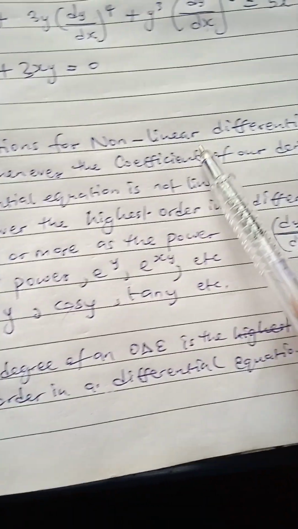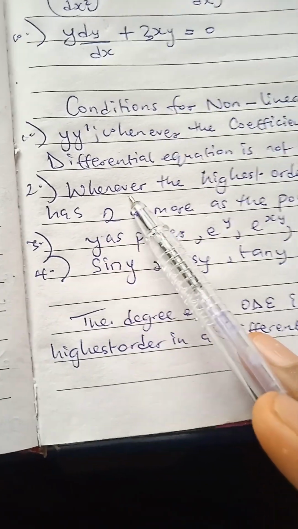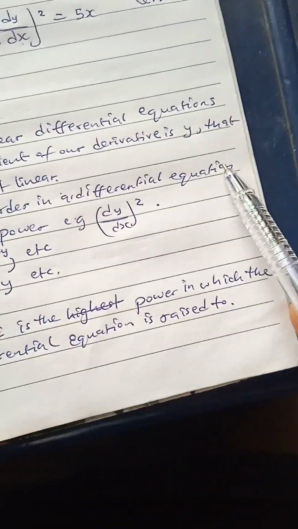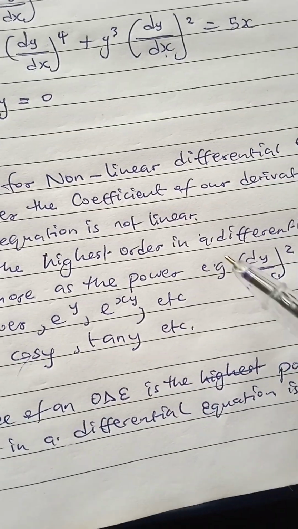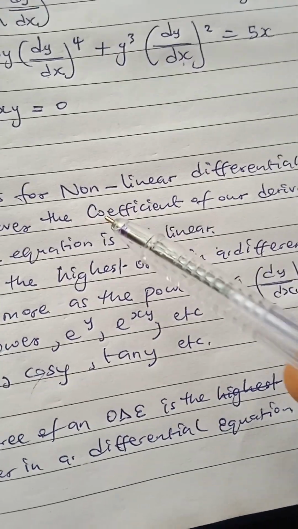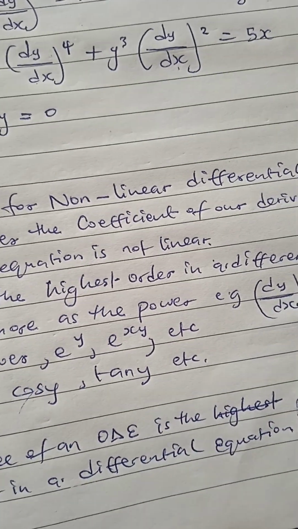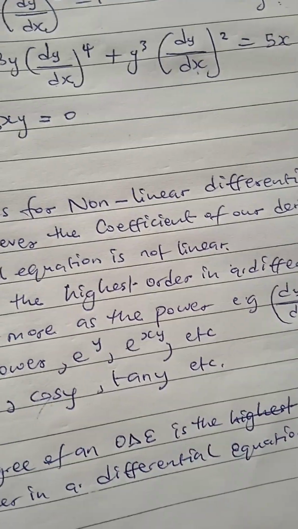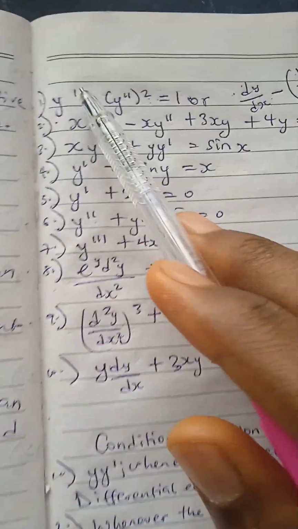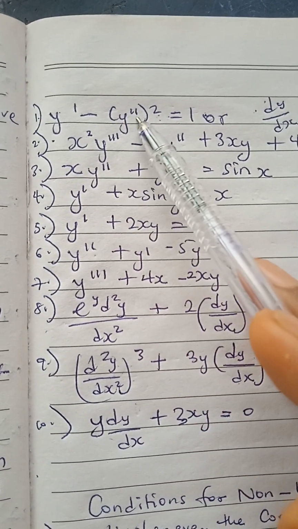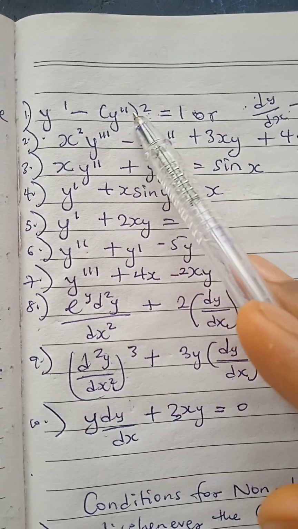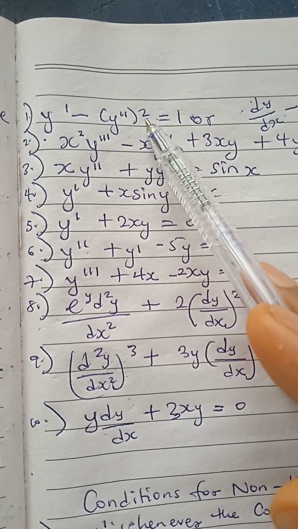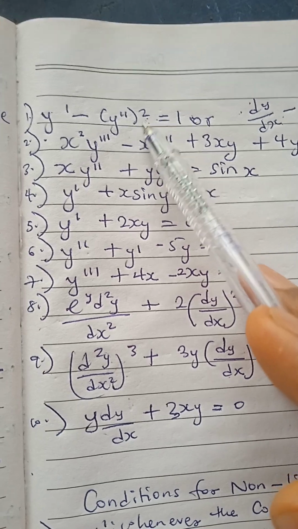One of the conditions for a non-linear differential equation is that whenever the highest order has 2 or more as the power, like 2, 3, and above, you know that equation is non-linear. That is what happened in example number 1. The highest order is y prime prime, which is second order, and it is raised to power of 2. Therefore, we say that it is a non-linear differential equation.